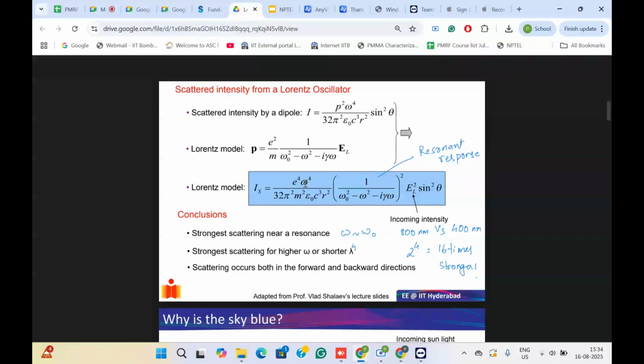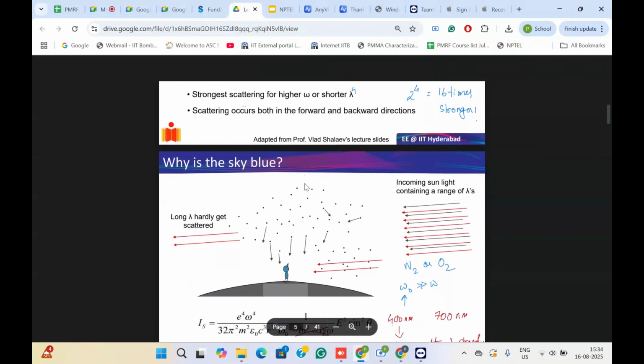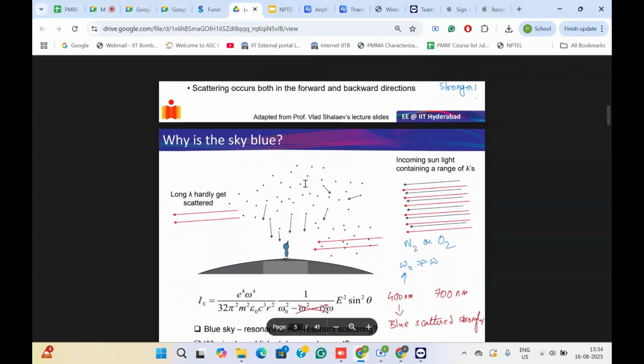So for higher frequency there will be more scattering, and for larger wavelength the scattering will be lesser. The scattering can occur in both the forward and backward direction.